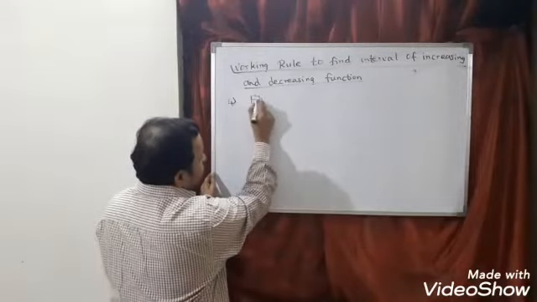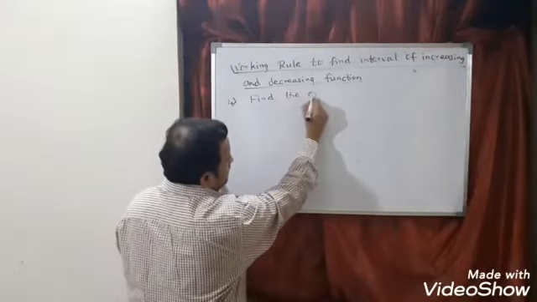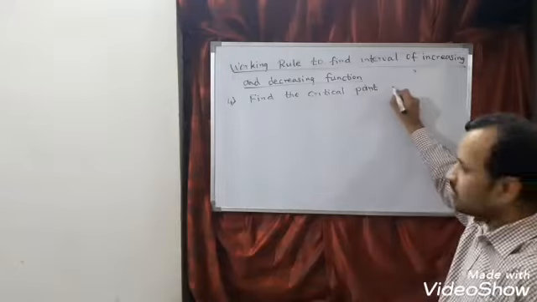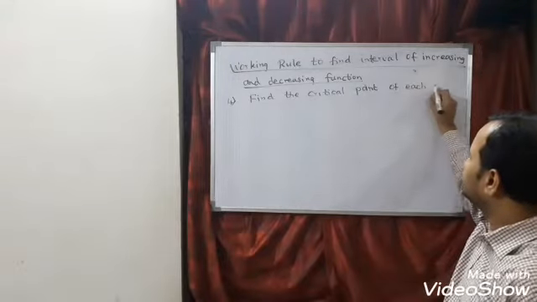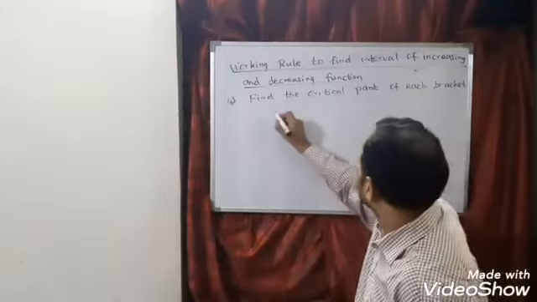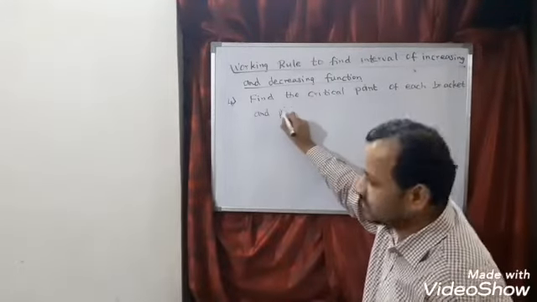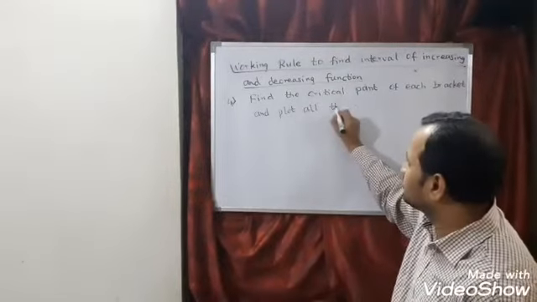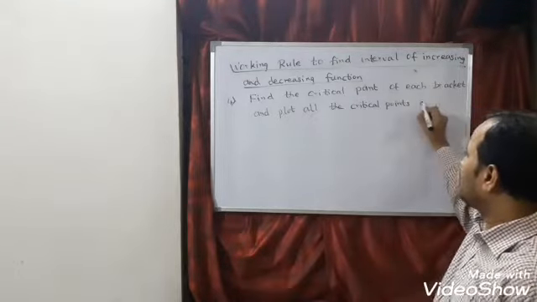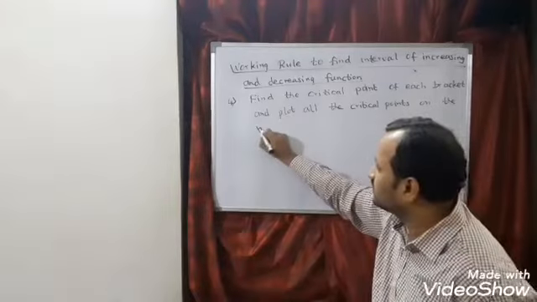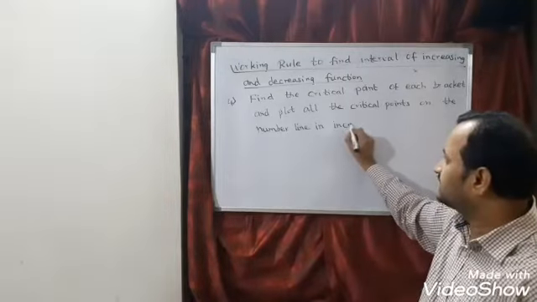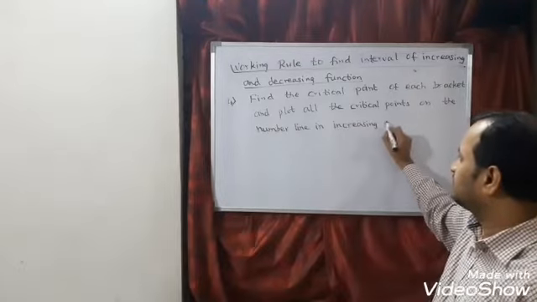Fourth step is find the critical point of each bracket and plot all the critical points on the number line in increasing order.